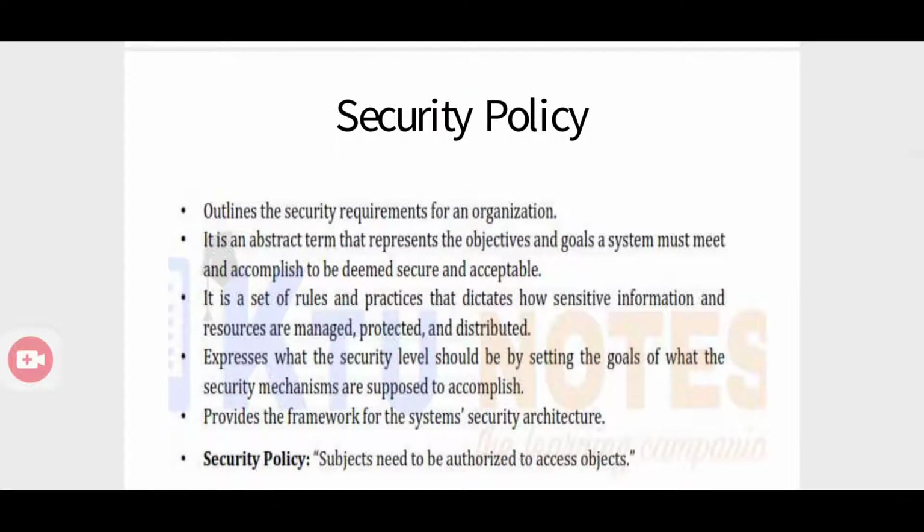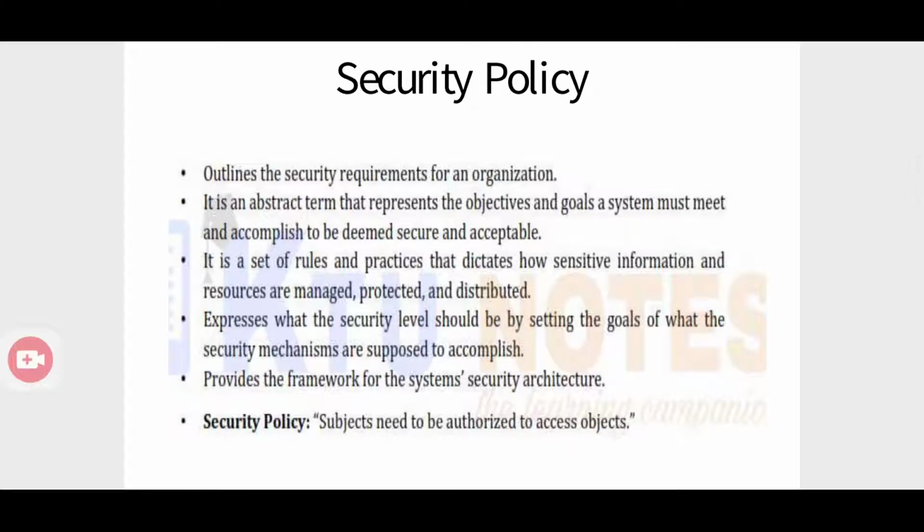So, in detail, what is a security policy? It outlines the security requirements for an organization. Actually, it represents the objectives or goals of a system, or it is a set of rules and practices that dictates how sensitive information and resources are managed, protected or distributed.